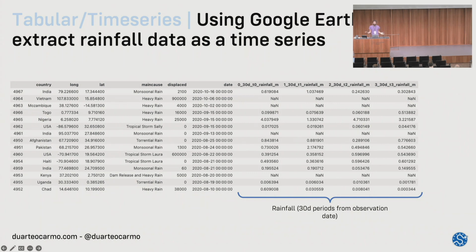What we can do with Google Earth Engine is take each date and point where that occurred, look back at 30-day time periods, and reconstruct the time series of rain that happened before that point. Here the first column is 30 days back, the second is the 30 days before that, and before that, so you have a time series of rainfall leading up to that monsoon.